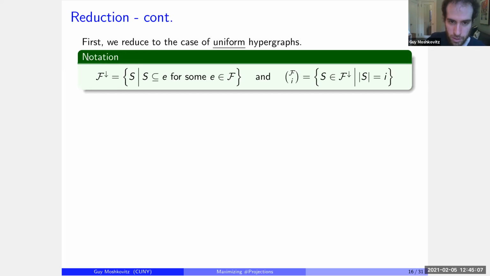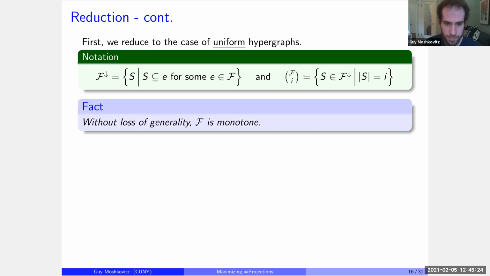A projection means you take the power set of every edge, and this guy, sometimes called the I shadow of F, just means that you take only the sets of size I that are contained in an edge.